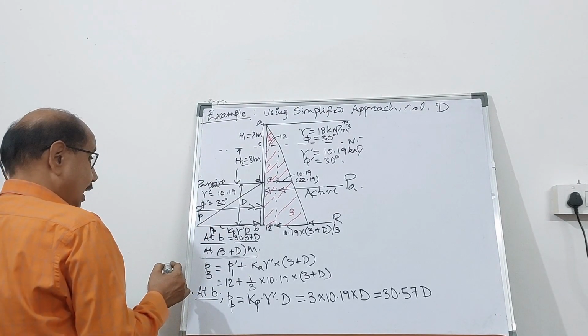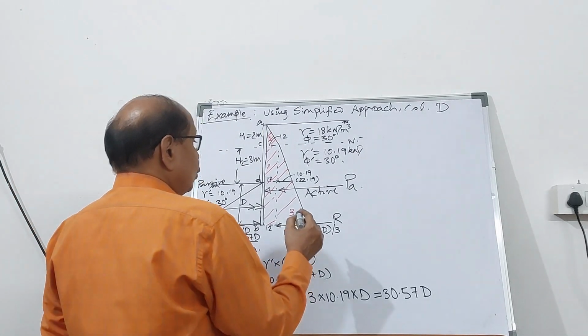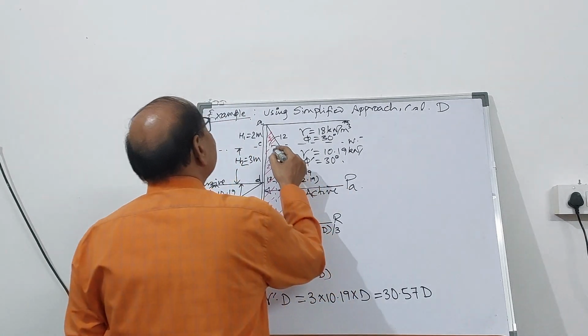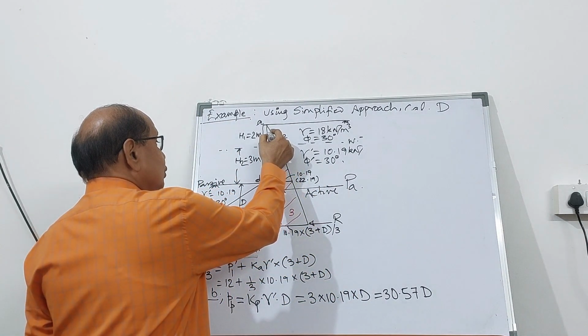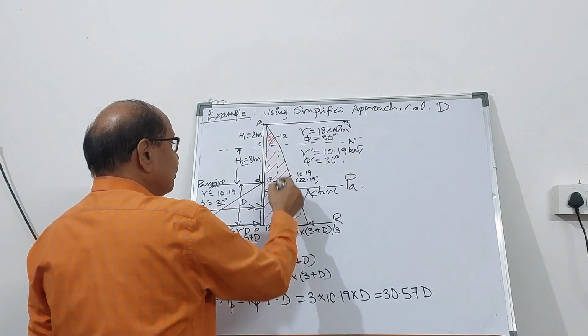So 30.57 times D is the passive pressure at B. Now, the total thrust, active thrust, will be the area of the pressure distribution diagram, which can be divided into three parts.